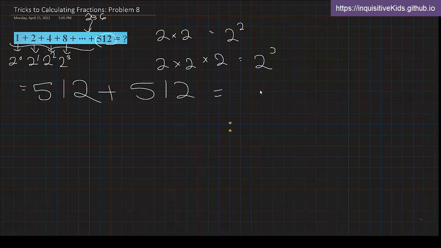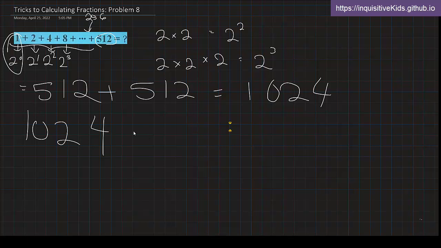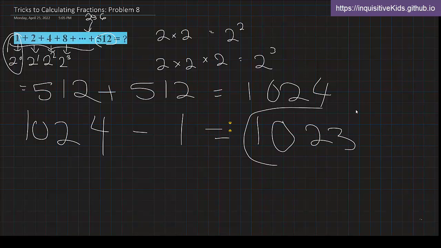And we get 1024. But remember, there's still a miscounted number right here, 1. So we just subtract 1 from 1024 and we get 1023. So 1023 is our final answer.